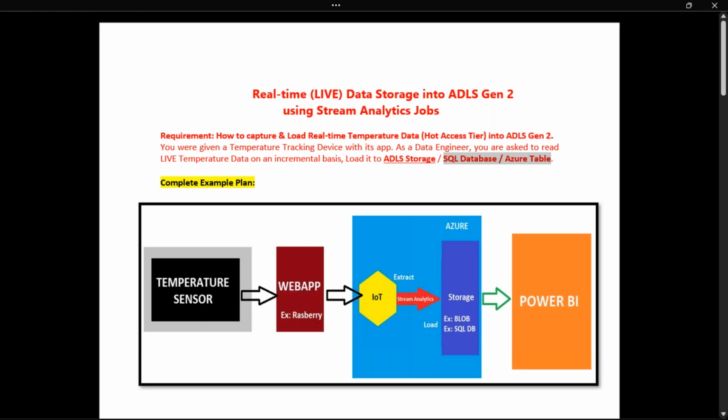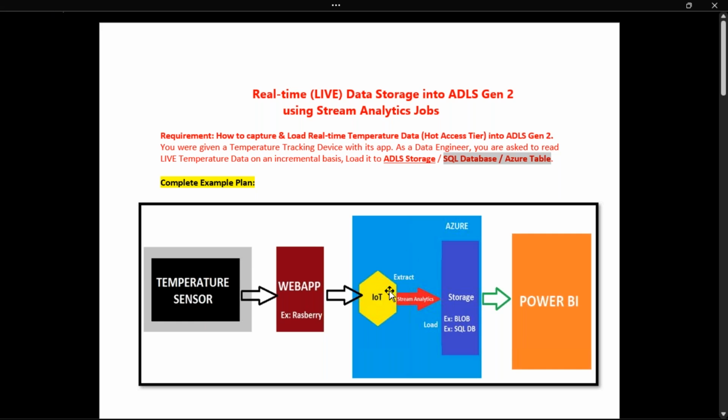Any app or any device in the real world that can produce data should be given to IoT only, Internet of Things. Here sensor is a physical device, right? Any physical device that is going to submit data to cloud will be captured through app into IoT.